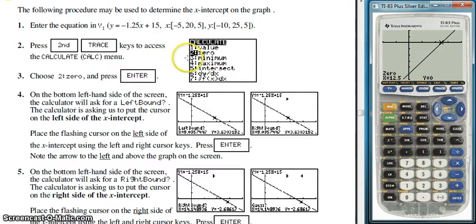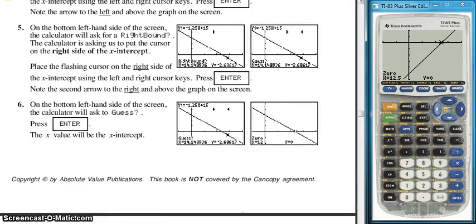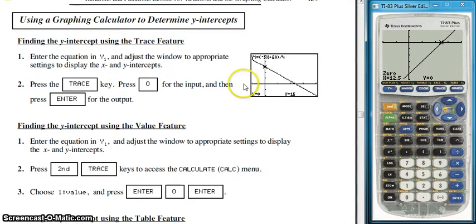Okay, I'm using a different equation from the book, so it's different. How do you find the y-intercept? The y-intercept is much easier, because we know what x is. When you're looking for the y-intercept, you let x be 0. If you know the value of the independent variable, x equal to 0, all you need to do is trace that.